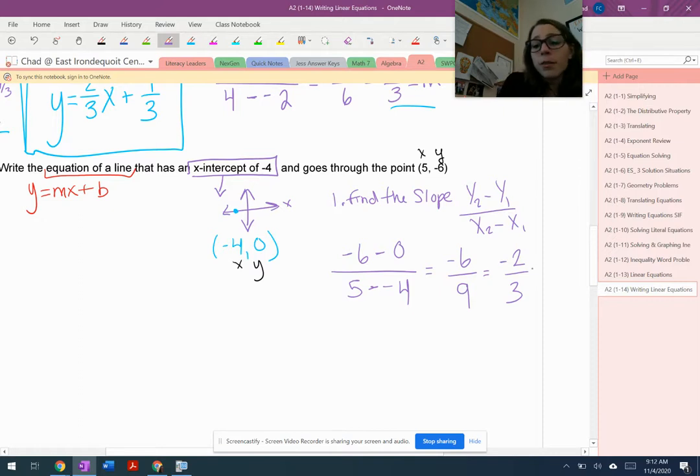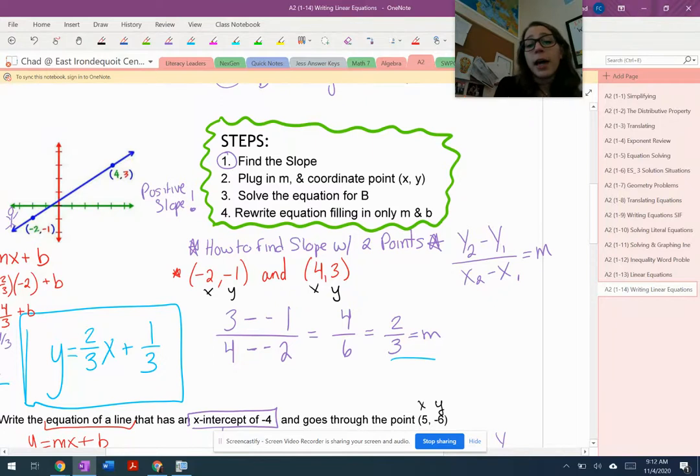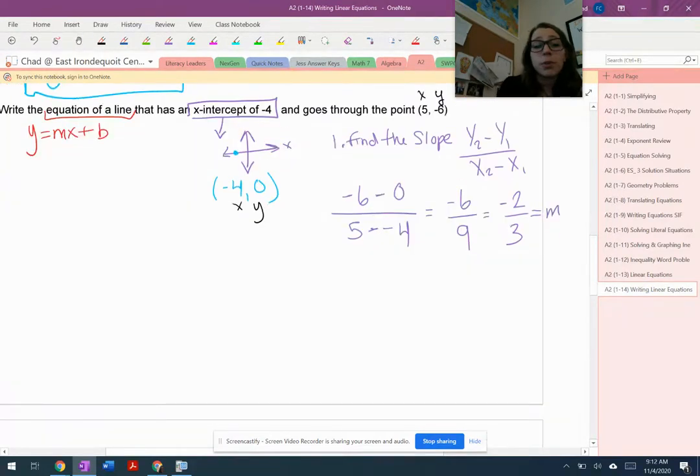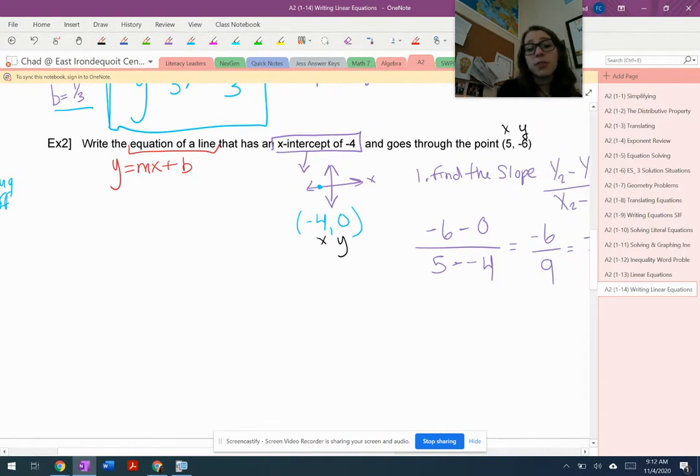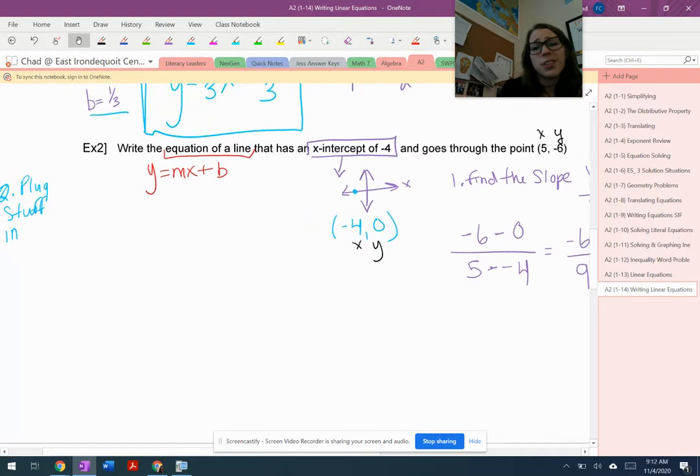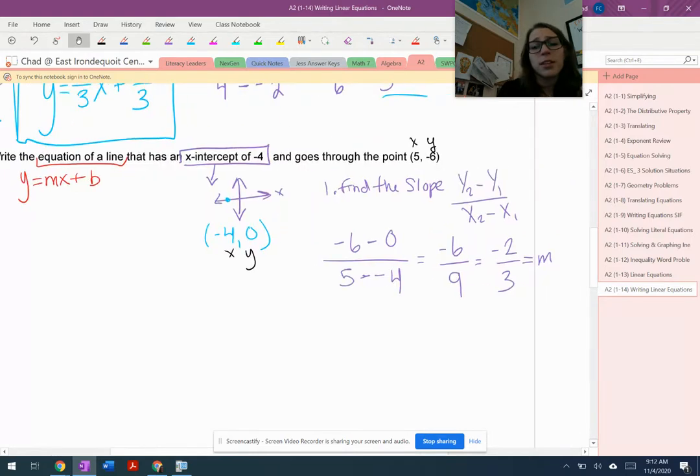So now that I've got my slope, my m value, I need to plug in that m and a coordinate point and solve the equation for b. So over here, I'm going to do step 2, and I'm going to plug stuff in. I'm going to use this -4, 0 point because those are smaller numbers than 5 and -6.